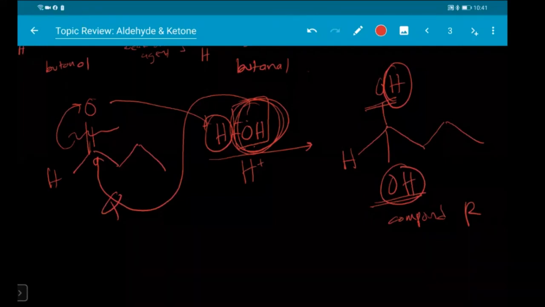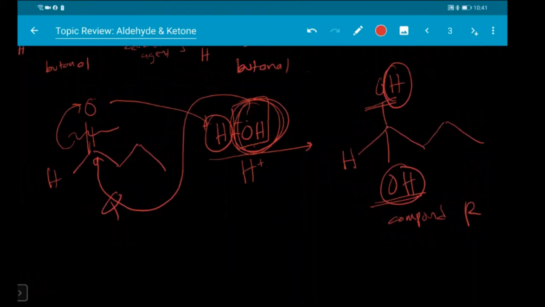And kita tambah. That will be addition. Kalau bertukar, it will be substitution. If we substitute, it will become substitution. But in this case, we're going to add. Instead of having double bond, we're going to make it a single bond because we add another element. Alright.